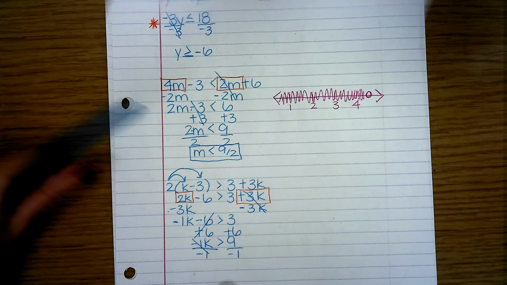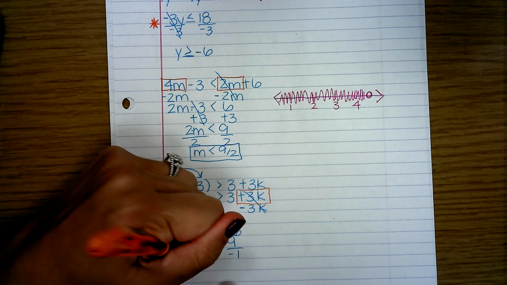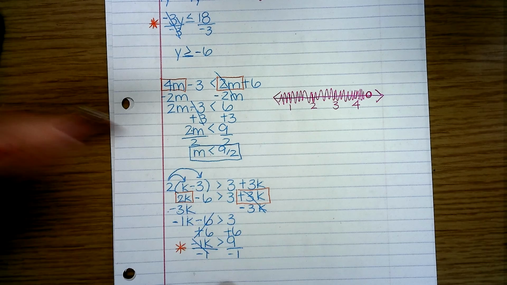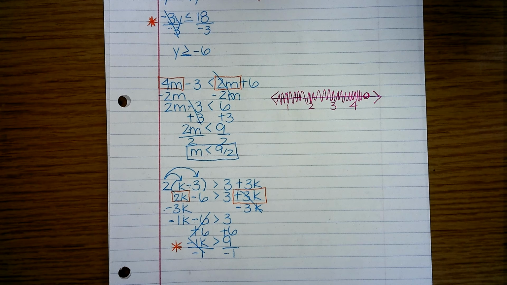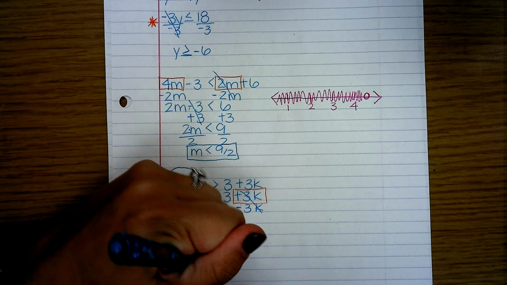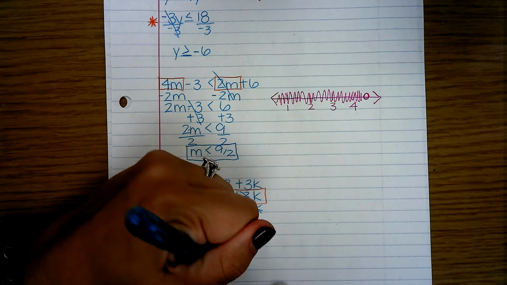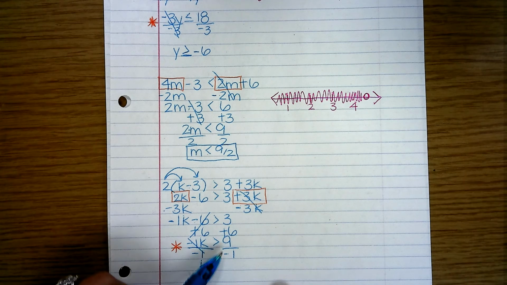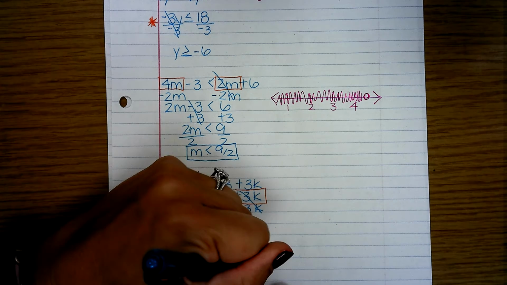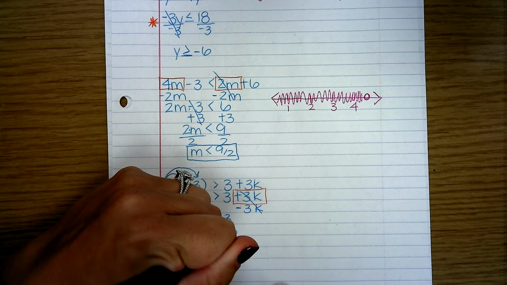So right here again, I should realize I just divided by a negative. I need to flip my inequality symbol for my final answer. So instead of it being greater than, my symbol is now less than. And 9 divided by negative 1 is a negative 9.